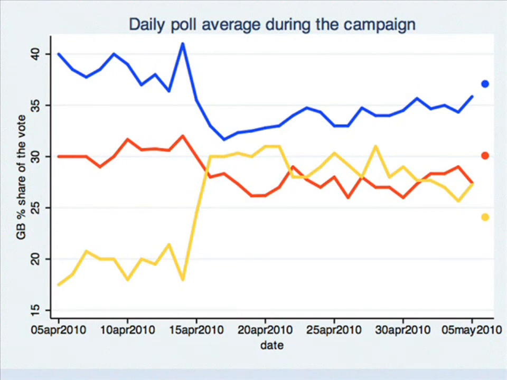After that, their support held fairly steadily, drifted downwards slightly, but they were neck and neck with Labour for much of the last 3 weeks of the campaign, almost to election day. And debate about that and the consequences of that really dominated the campaign.